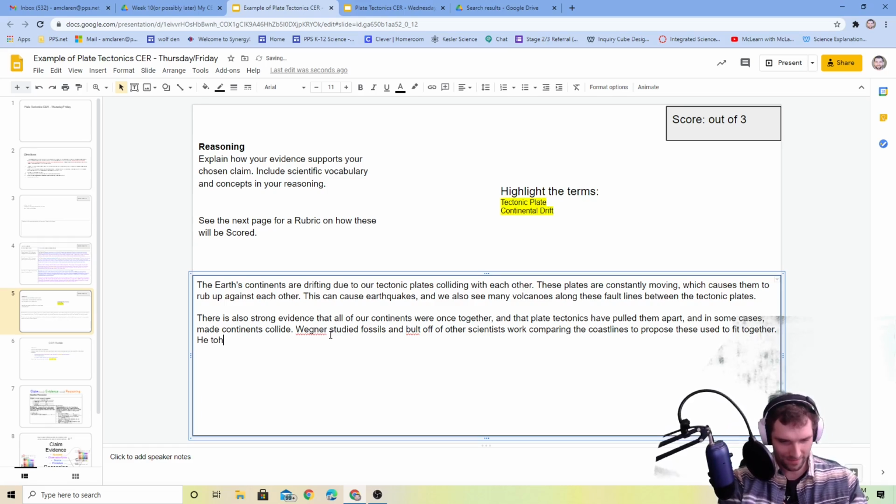He thought the continents were floating.